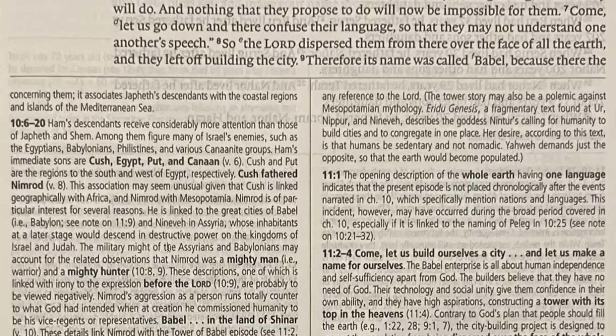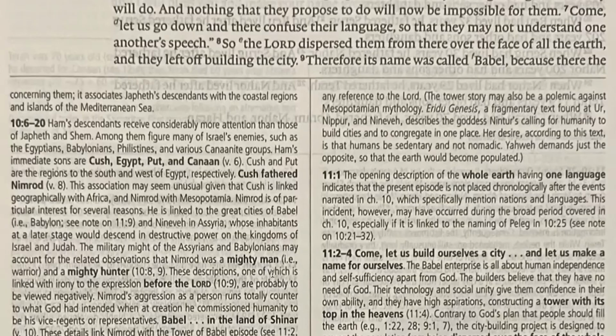The military might of the Assyrians and Babylonians may account for the related observations that Nimrod was a mighty man, that is, warrior, and a mighty hunter, 10:8 and 9.